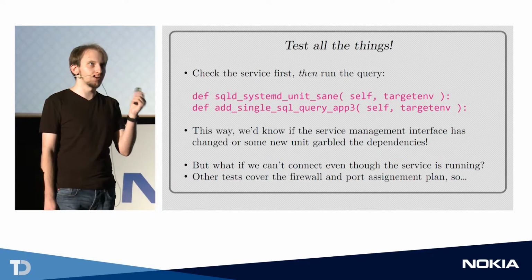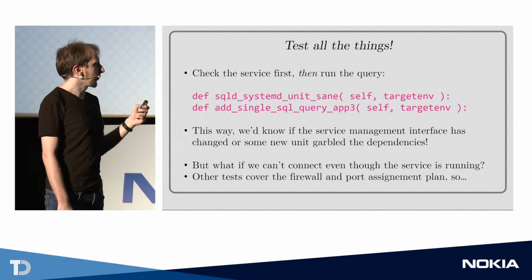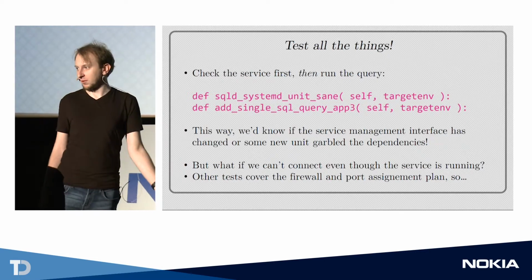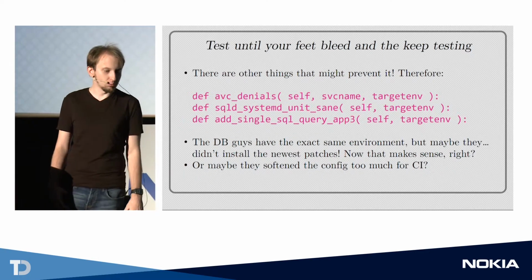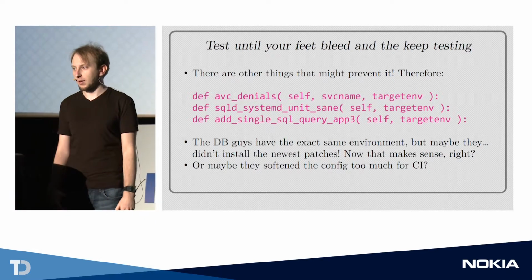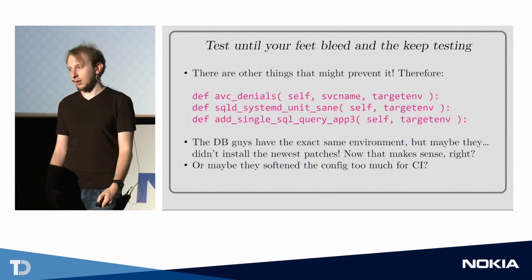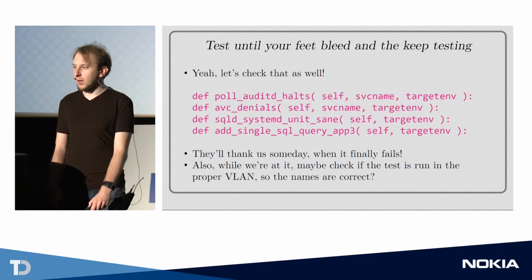Let's check if the service is installed correctly. Well, maybe there is something wrong with the network if the service is okay, right? Network is fine? Okay, so maybe let's find out if auditing is saying anything interesting, like hardening, access vector denials. No? Okay, let's find even more.